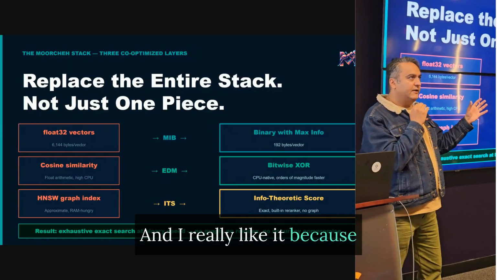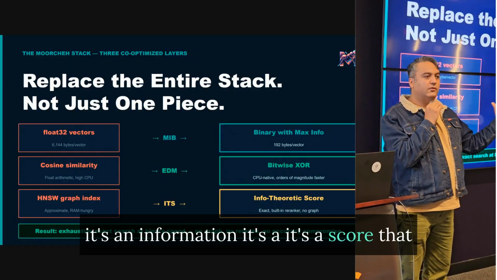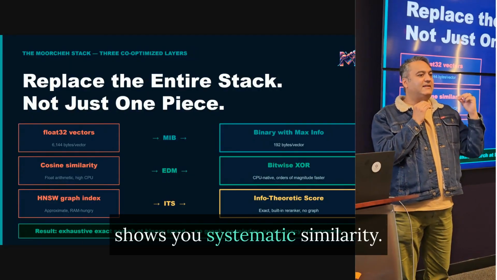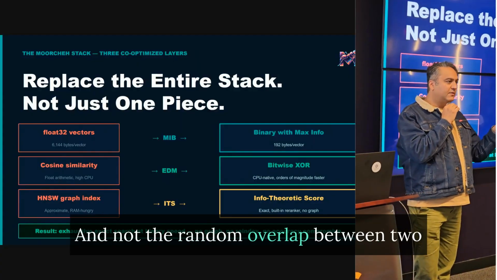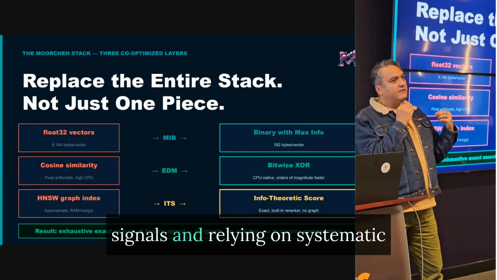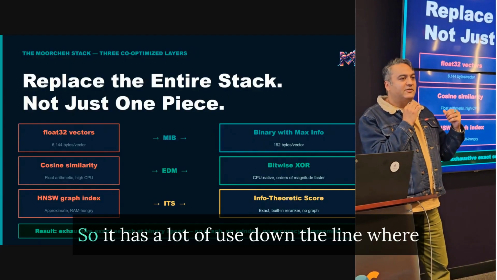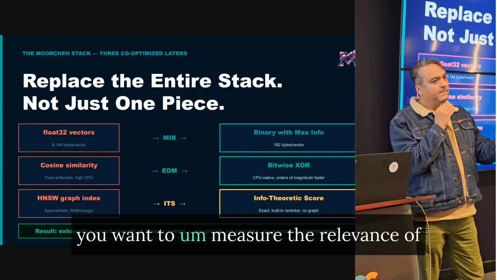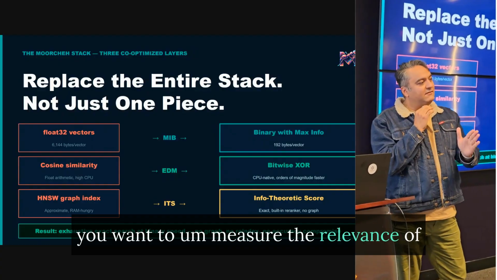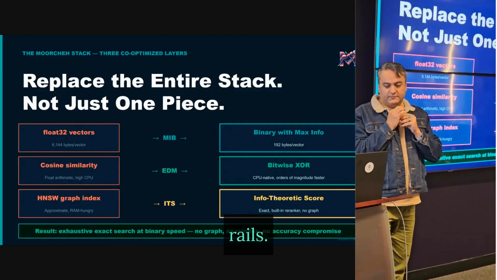And I really like it because it's a score that shows you systematic similarity and not a random overlap between two signals. And relying on systematic similarity, it can be optimized, so it has a lot of use down the line when you want to measure the relevance of your answers to the LLM and even put guardrails.